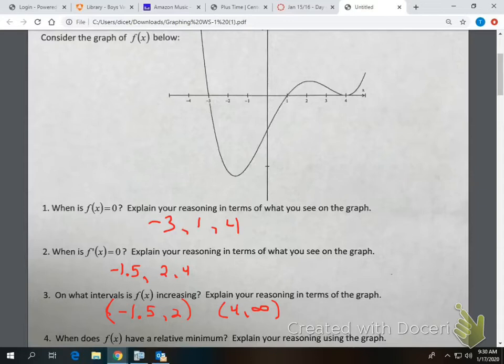It's also the absolute minimum. We have another one though. Where's our other relative minimum? At 4, because we went from decreasing, horizontal tangent, to increasing.